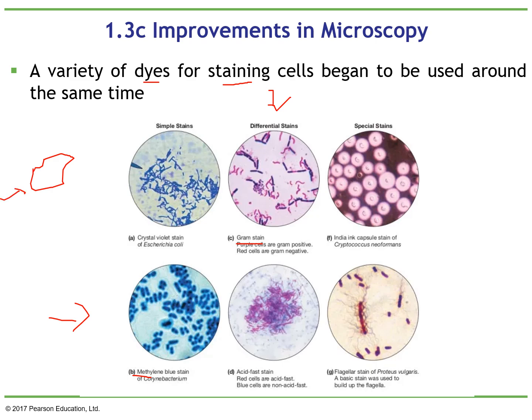We cannot see them, so we can use different tools, or we can just stain them in different ways to color them, and in that way it's easier to differentiate what is a cell and what is an artifact or debris.